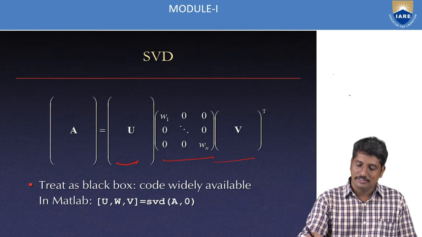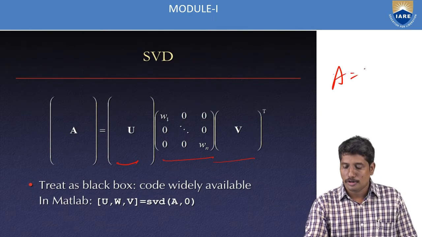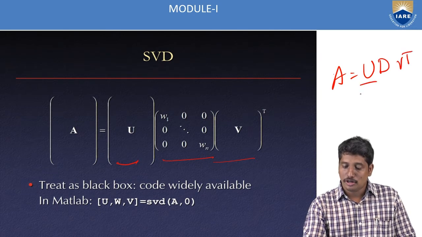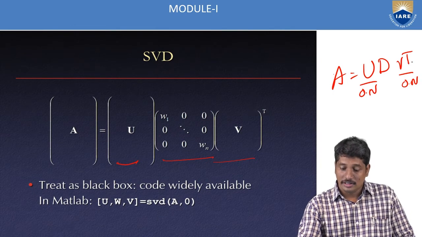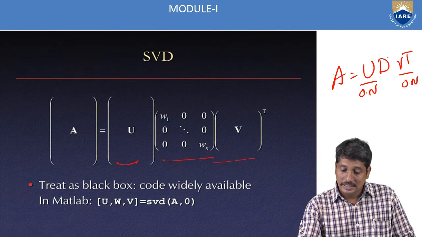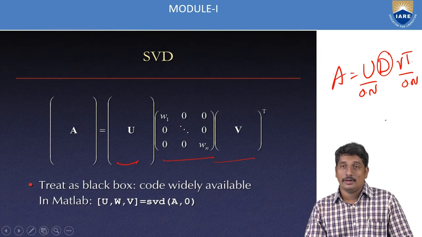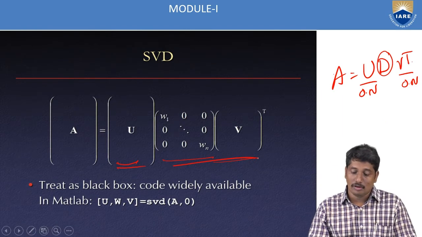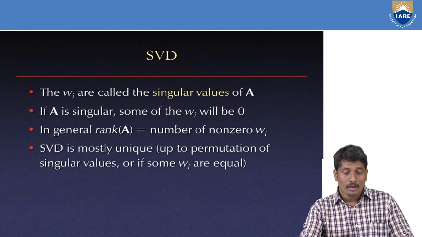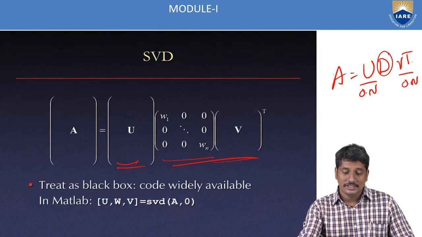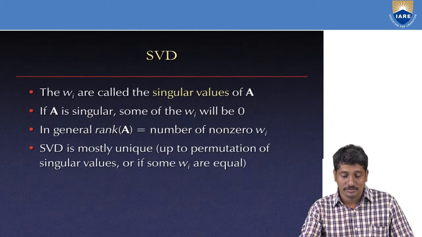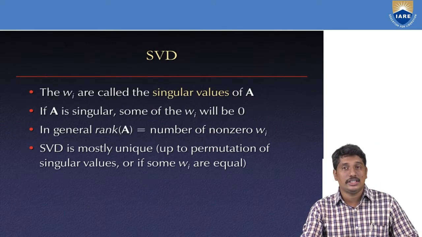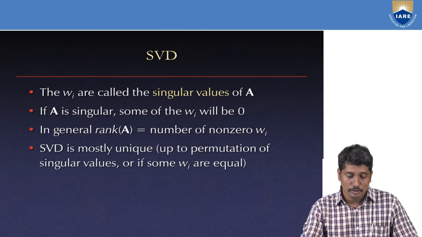So in our singular value decomposition, we decompose the given matrix A into a product of three matrices U, D, V transpose, where U is orthonormal, V is orthonormal, and we are taking the transpose of it, and D is a diagonal matrix. That is what we have represented here. The W_i's, the diagonal elements W1, W2, Wn of the diagonal matrix, are called singular values, and hence it is called singular value decomposition.